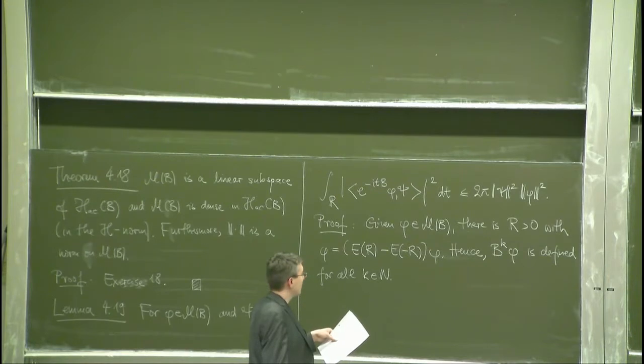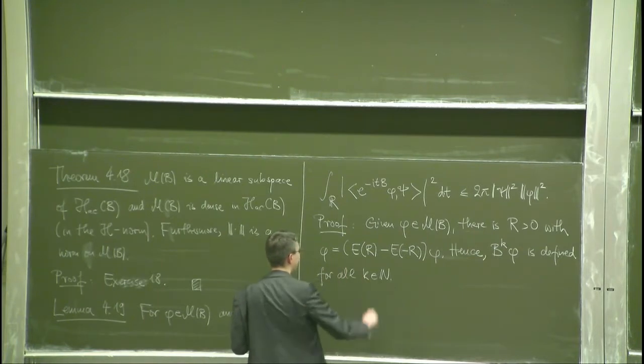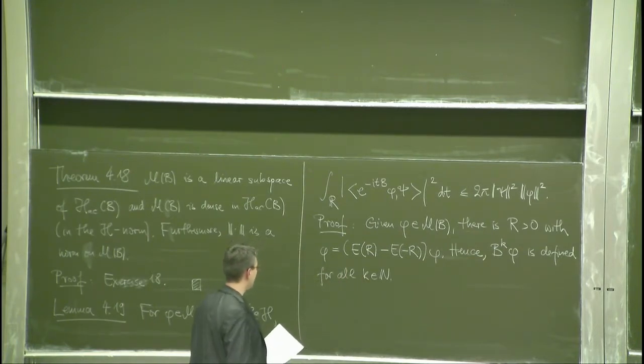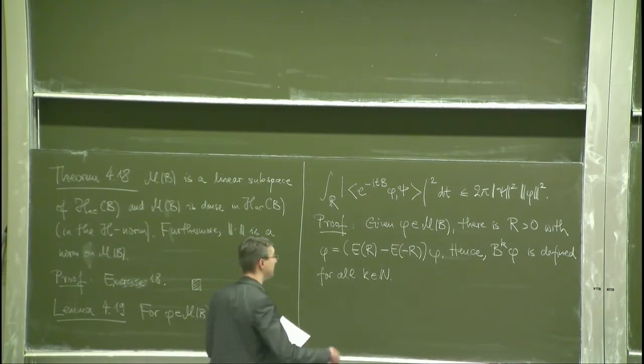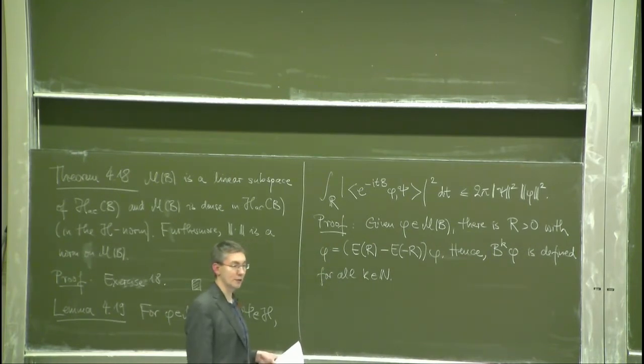So this object is then defined. And you do the same arguments for higher powers of B. Here you use that B commutes with any of its spectral projections, so there's no difficulty to obtain B to the power of k because of the fact that the density has compact support. Then all these integrals will exist, so no problem with this.